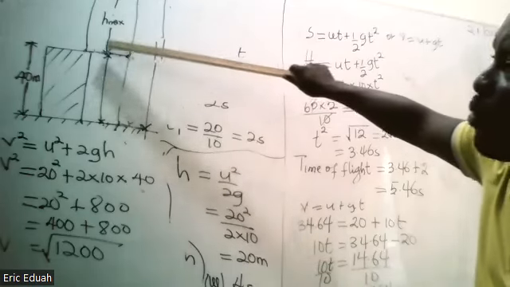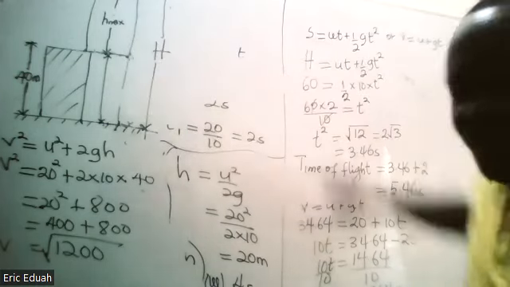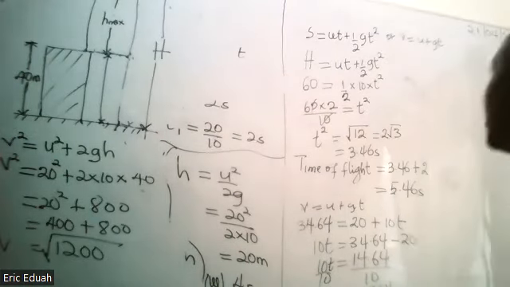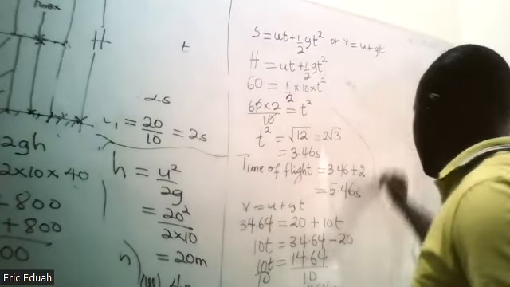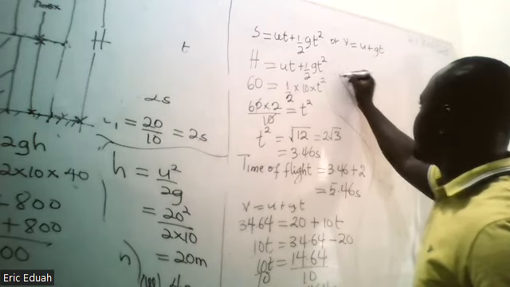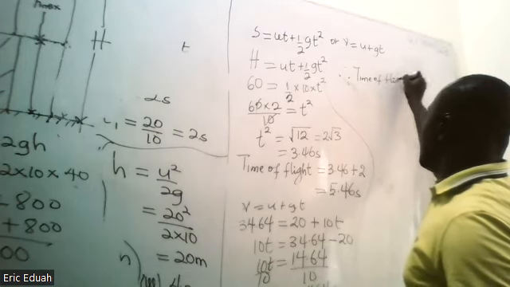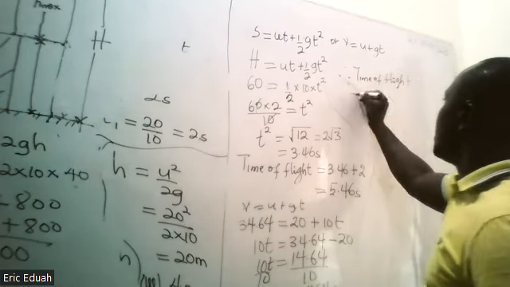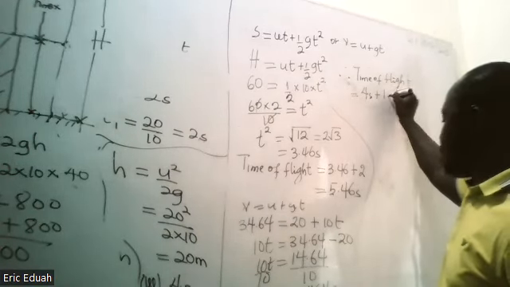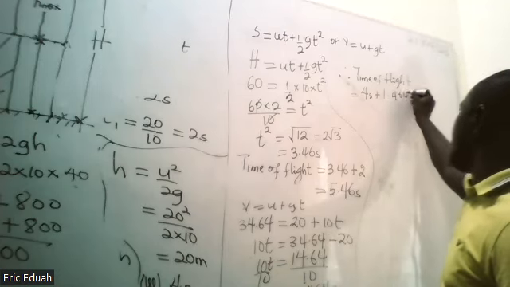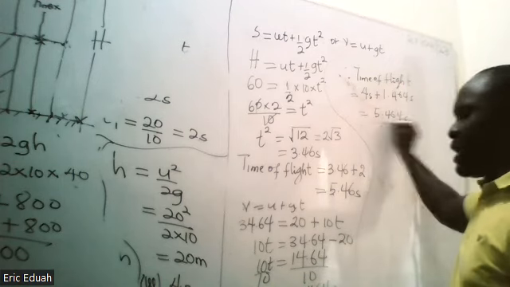Now the total time from here to this point is 4. Therefore, the time of flight is equal to 4 seconds plus 1.464 seconds, and that will give us 5.464 seconds.